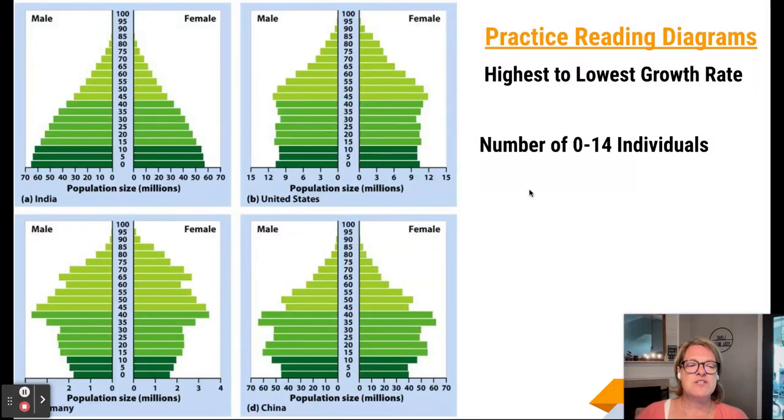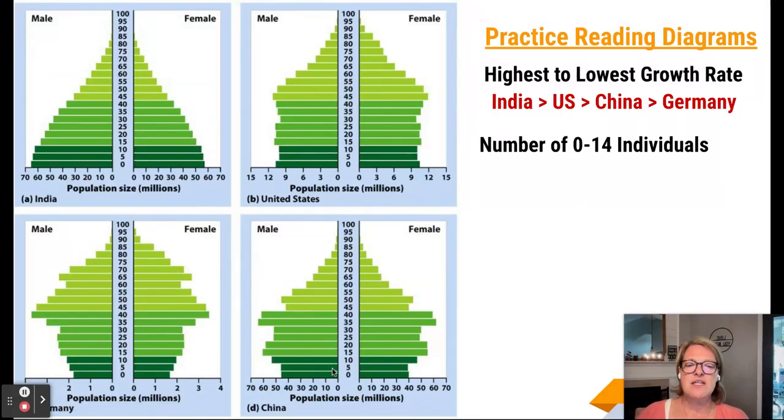Just as a reminder, you have to look at the dark green bands, that pre-reproductive age. And if we look at this, we'd see that India has the highest growth rate. The US would be next. China would follow.